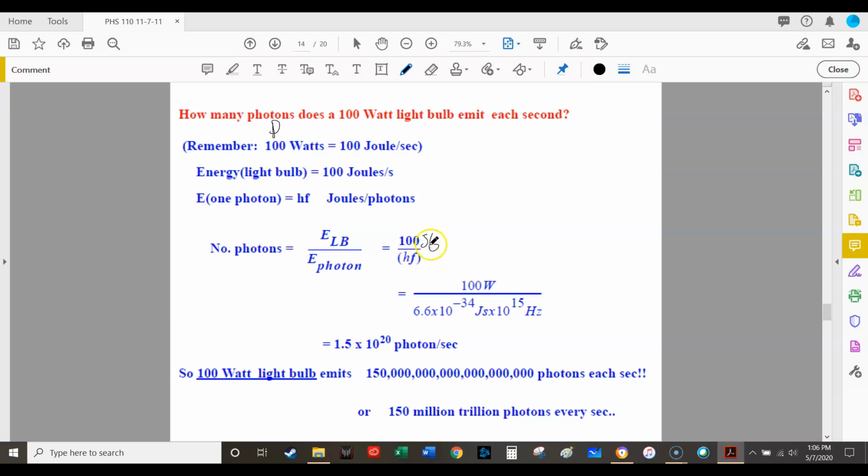Or actually, 100 joules over the period of 1 second. So we're just going to say that in the period of 1 second, that light bulb is emitting 100 joules of energy, right?